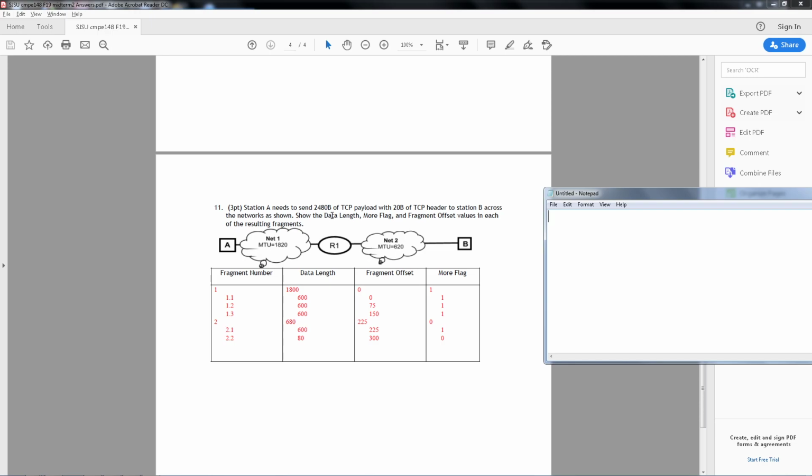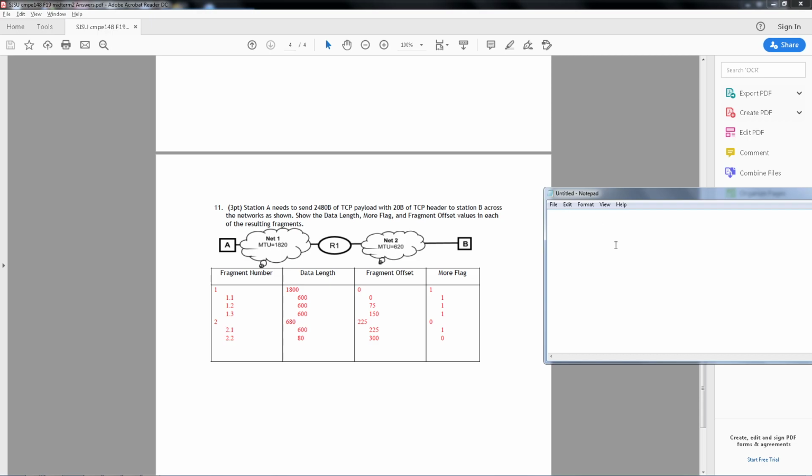Well, I see right here it says station A needs to send 2,480 bytes worth of data, right? And that we have a payload, we have a header of 20 bytes, and the MTU is 1820.